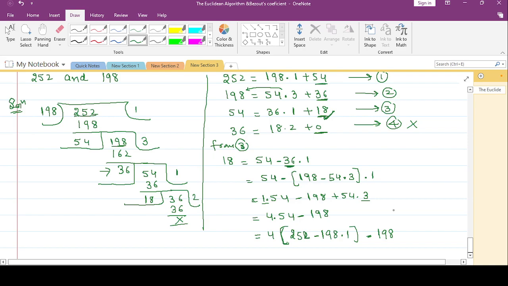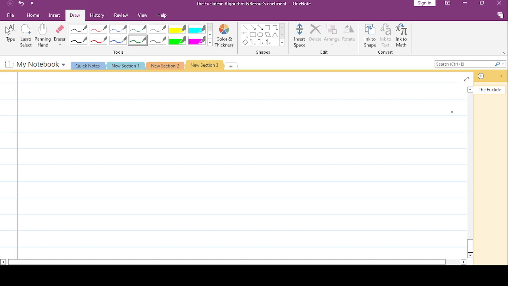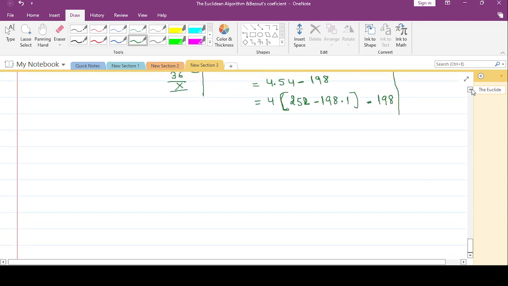This then becomes 4 into 252 minus 198 into 4, minus 198. So 4 into 252 minus, here it is minus 4 and here you can introduce 1.